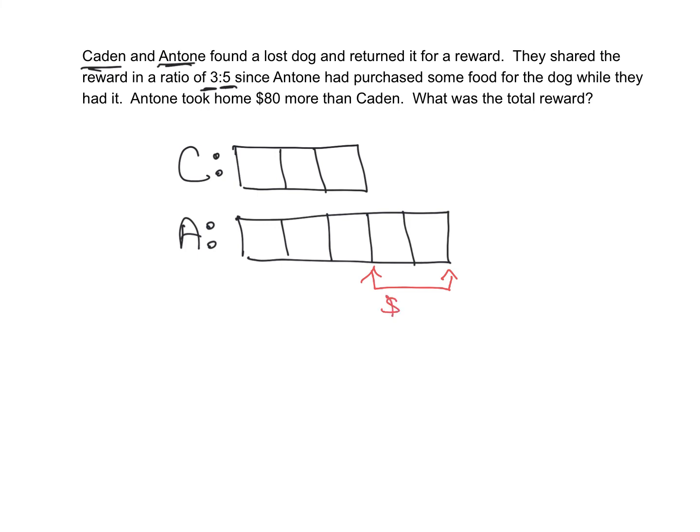So these parts are worth the $80 that Antone earned. Since it was 80, we're going to divide this by 2 because there are 2 parts. So each part is worth $40, which makes all the rest of these worth $40.